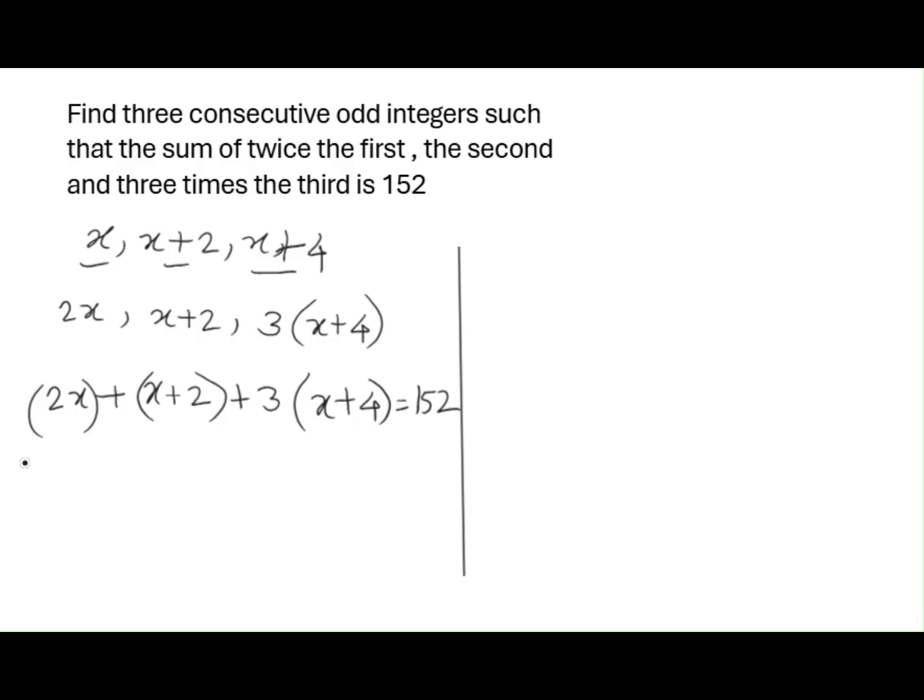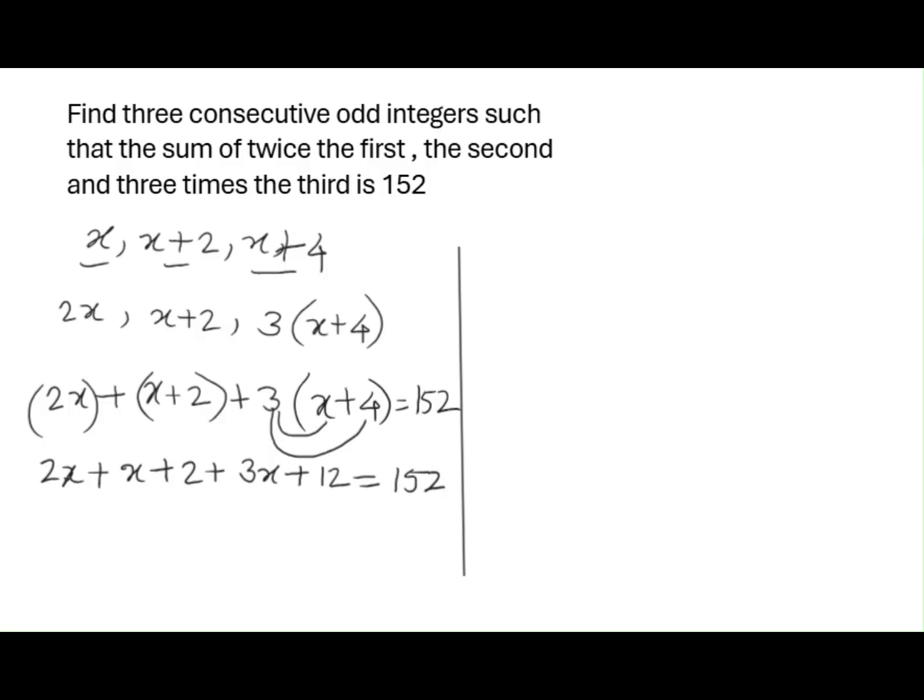Now when we open the brackets, we will get 2x plus x plus 2 plus, now 3 times x plus 4 is there. That means 3x and 3 multiplied by 4 will be 12. So it will be 3x plus, it will multiply to both these, 12, and the answer is 152.